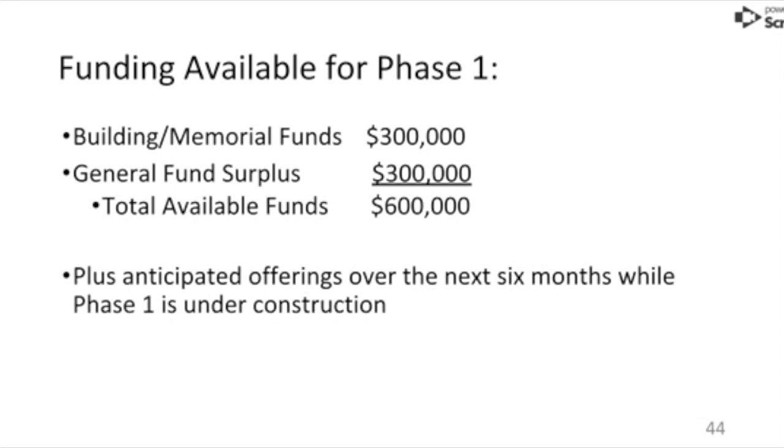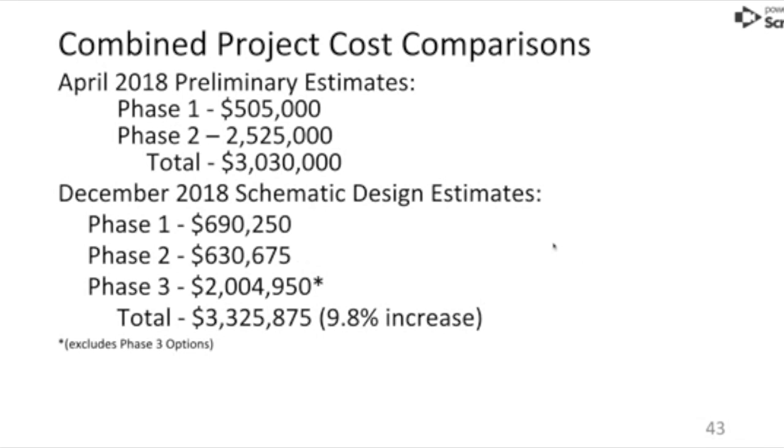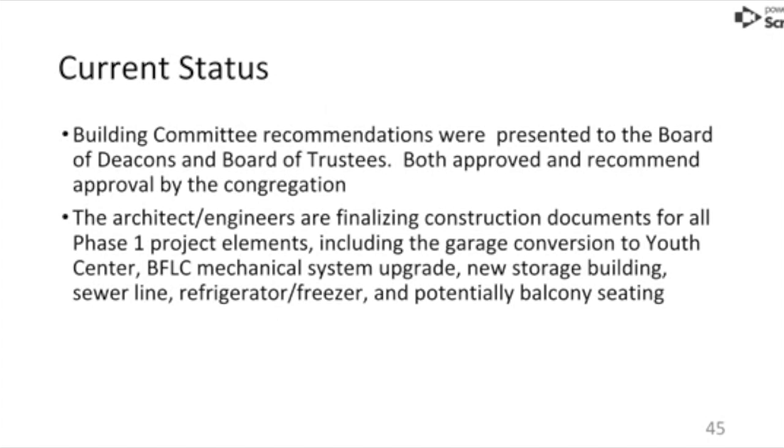Again, slide 44 shows the funding that's available. The church did vote to allocate $600,000 to this Forever Being Changed project, and you can note that it anticipates the additional money will come in to fund phase one.